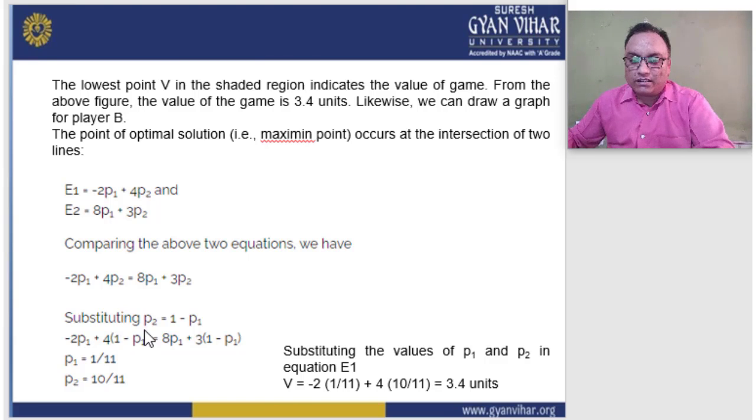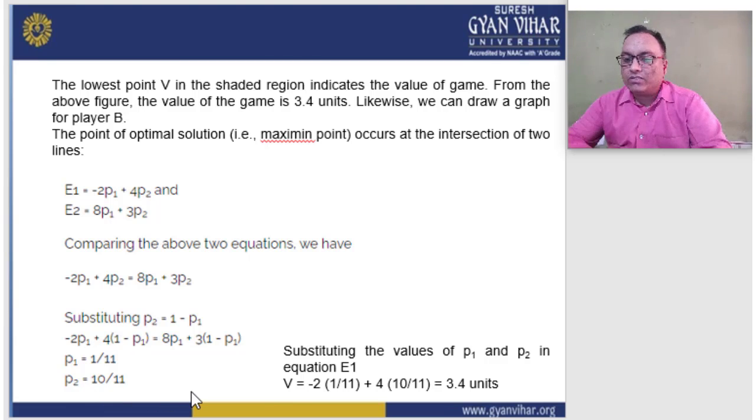So substituting the value of P2 equal to 1 minus P1, we find the value of P1. P1 is 1 by 11, and P2 is 10 by 11. By putting this P1 value in any one equation, you can get P2 equal to 10 by 11.